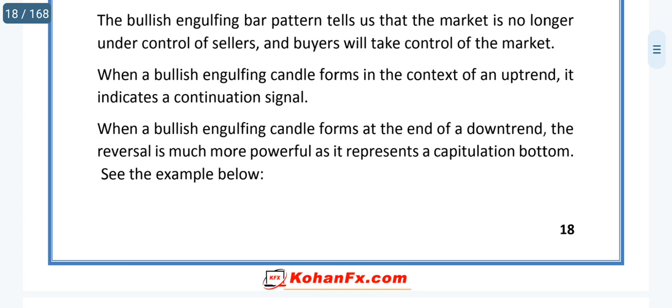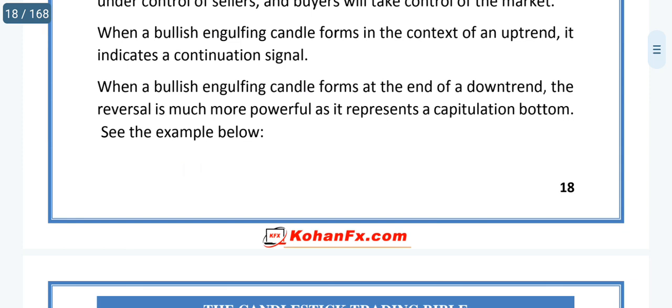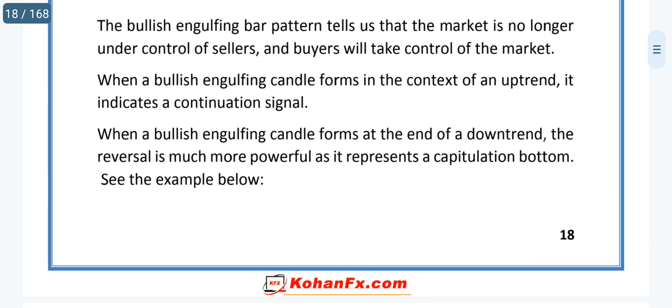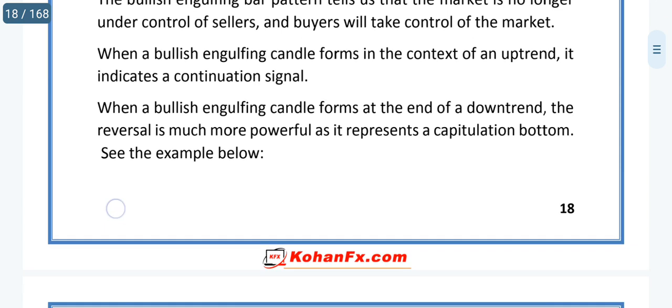You can see this in the illustration below.